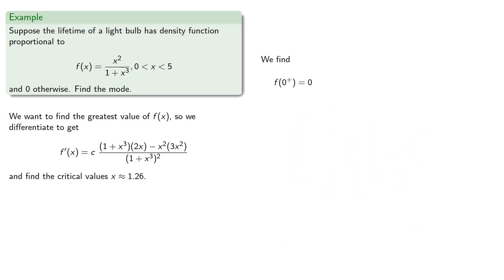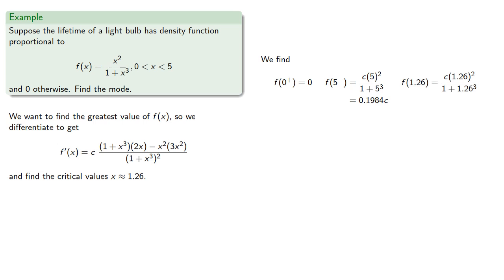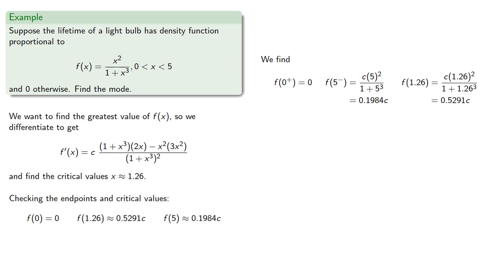If we approach 5 from below, our limit is, and we can also evaluate f at the actual critical value, which will be, and so checking our endpoints and critical values we get, and the greatest value occurs at x equals 1.26, so this is the mode.